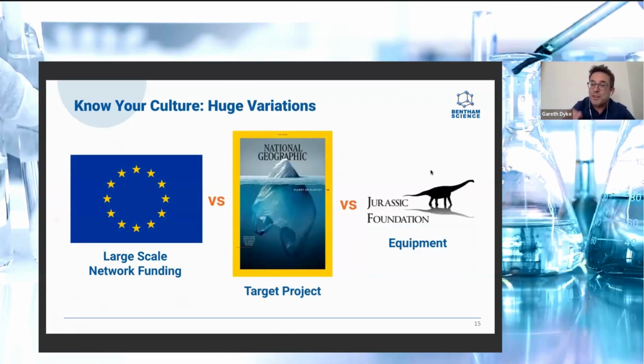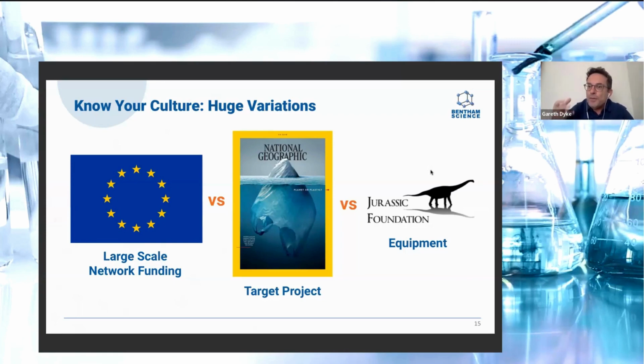Huge variations in the way that funding is evaluated. For example, in the cases that we've already looked at in this presentation so far, who is going to be reading? Who is going to be evaluating the proposal? Because that influences how you put the proposal together.